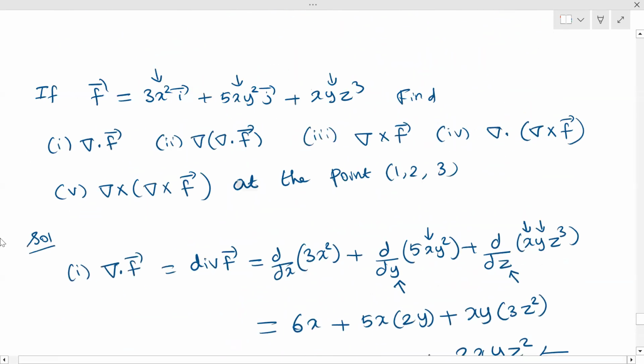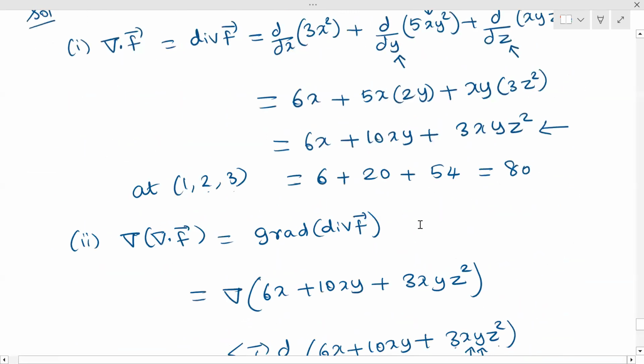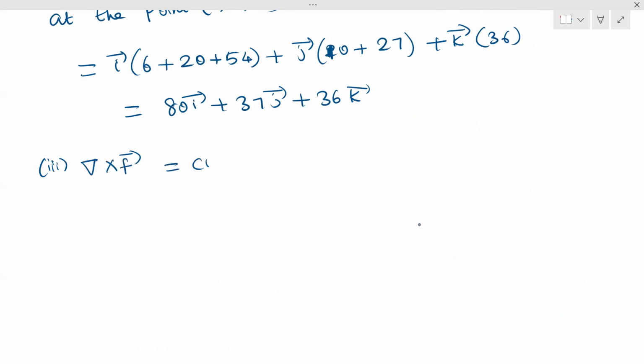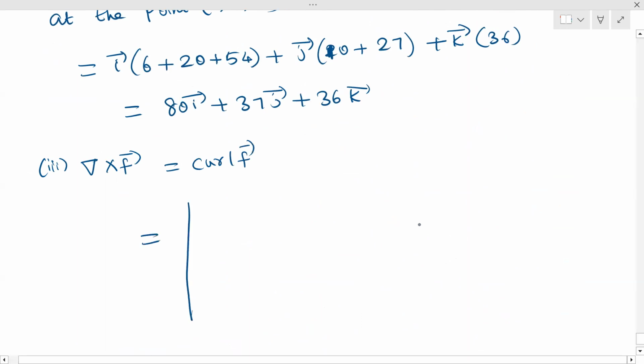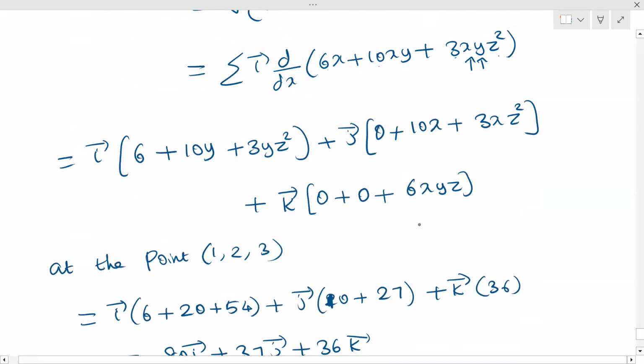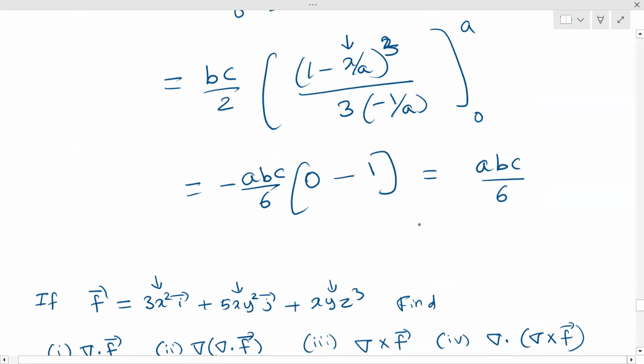The third subdivision is del cross F. What do you mean by del cross F? It is nothing but curl F. Curl F, how to find? Here, in the determinant, the first row is i j k, the second row is dou by dou x, dou by dou y, and dou by dou z, and the third row is the components of the given f vector.